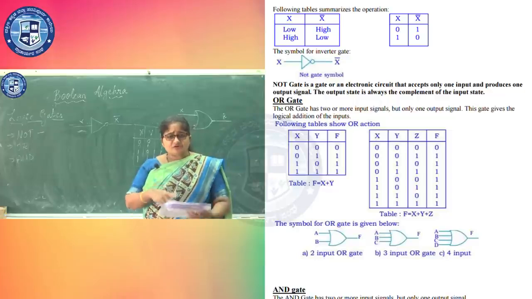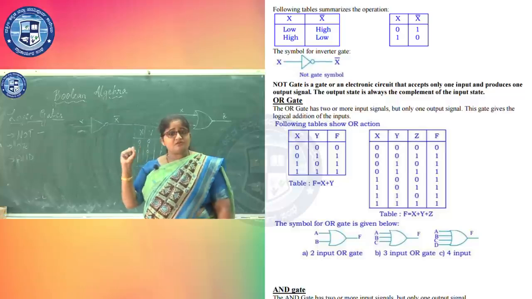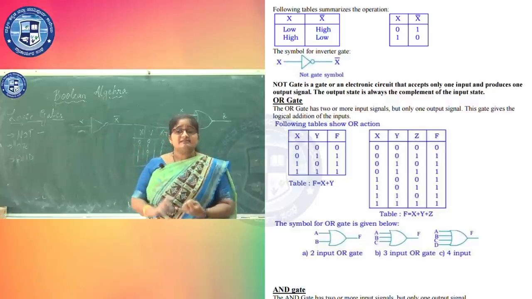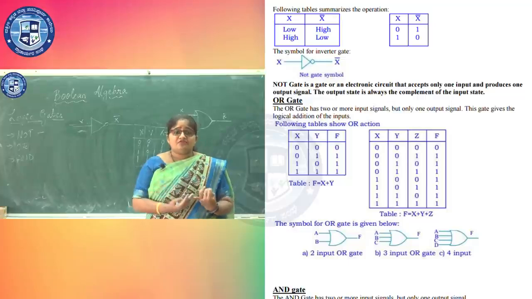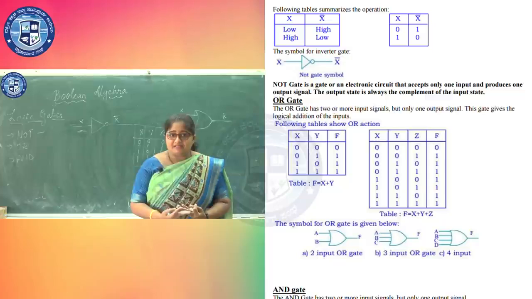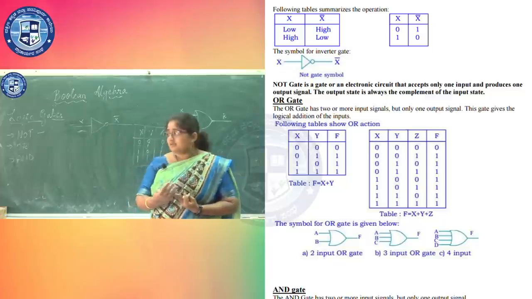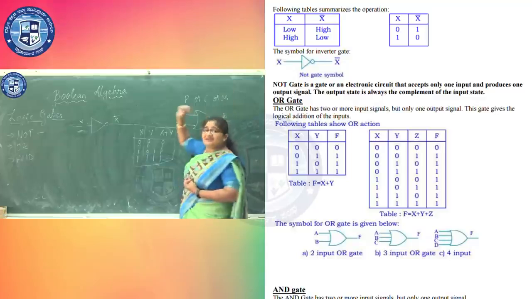If any one of the values among x, y and z is 1, then the resultant will be 1, because I am saying this or that or the other one. For example, you can have your physics class or your chemistry class or your maths. If I say or between each of the variables, physics or chemistry or mathematics, what does it mean?